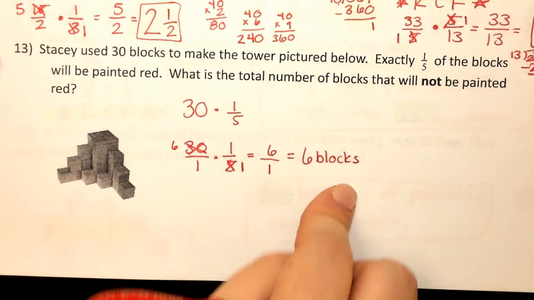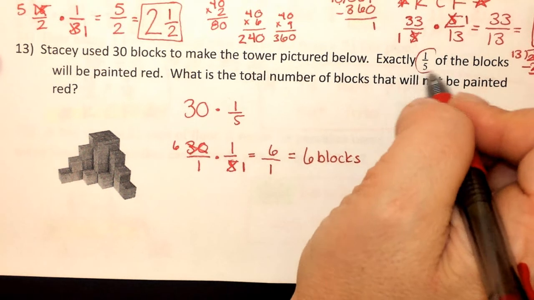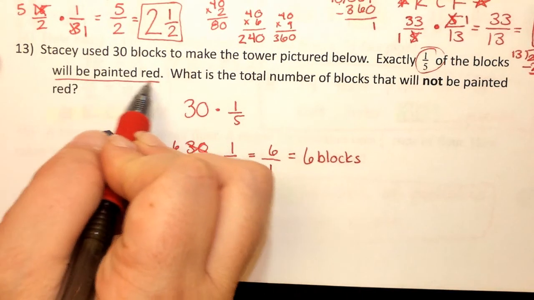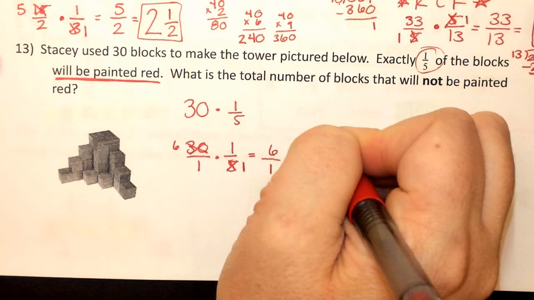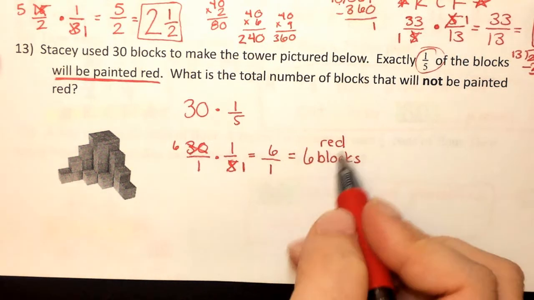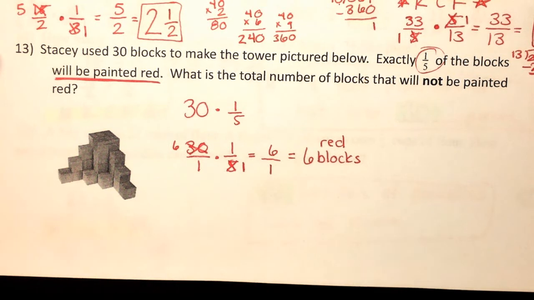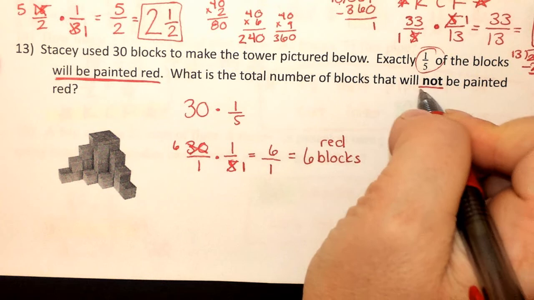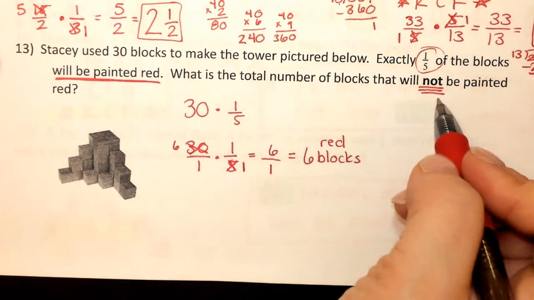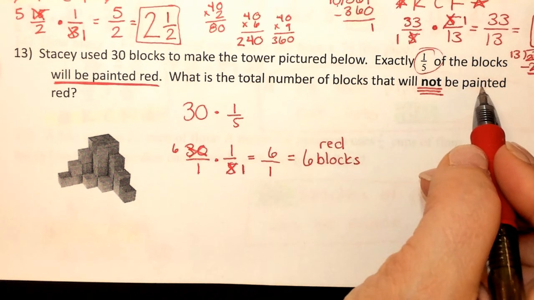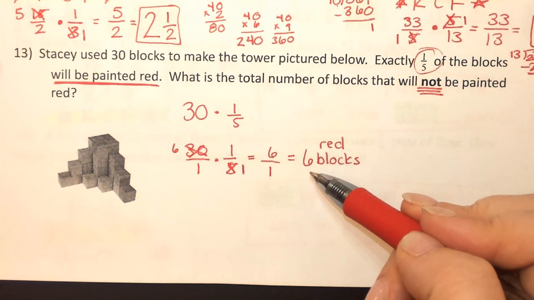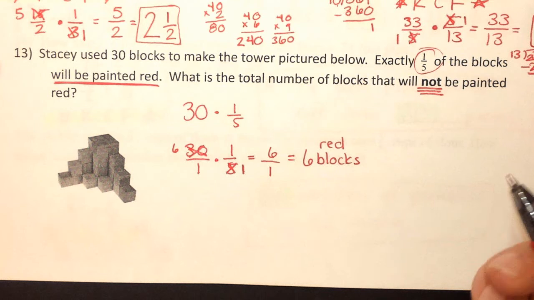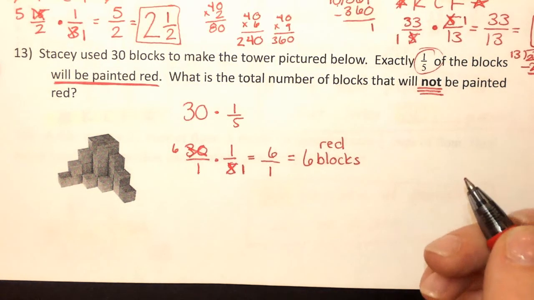Now here's my question. The 1/5 was talking about the ones that will be red. So guys, these 6 blocks are 6 red blocks. Do y'all see where I got that from? Yes. What does it ask me about? Which ones will not be red? Are 6 ones not red? No. 6 are red. So what am I going to do to figure that out, Keegan?